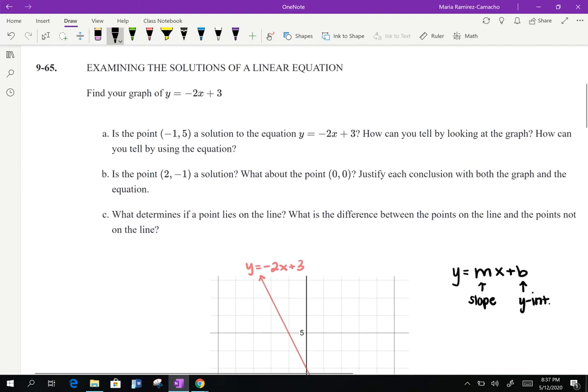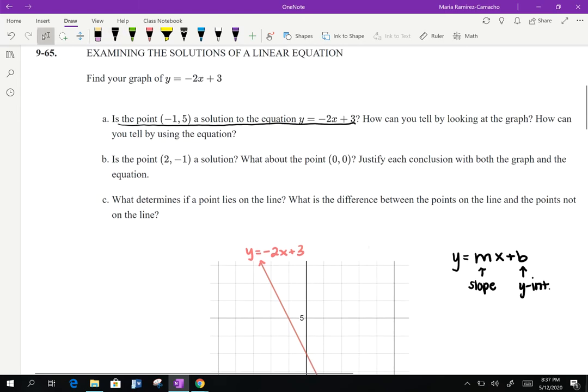All right, part A says, is the point negative 1, 5 a solution to the equation y equals negative 2x plus 3? How can you tell by looking at the graph? How can you tell by using the equation? So there are three questions here. Is the point negative 1, 5 a solution?